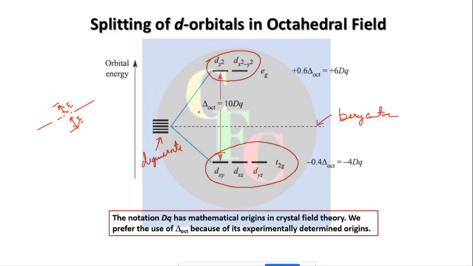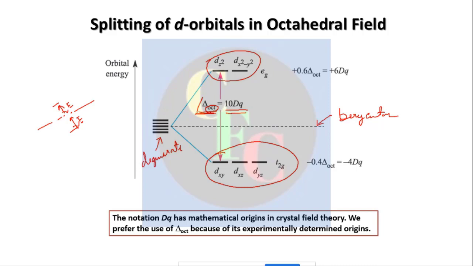You can easily divide it. If you think of this difference as delta oct, why is delta oct given? Oct stands for the octahedral crystal field, and delta, you know, is usually denoted for any difference. So this difference in energy is denoted by delta, and the subscript oct is for the octahedral field. And in your books or in some questions you will find 10 Dq given. You don't need to worry.